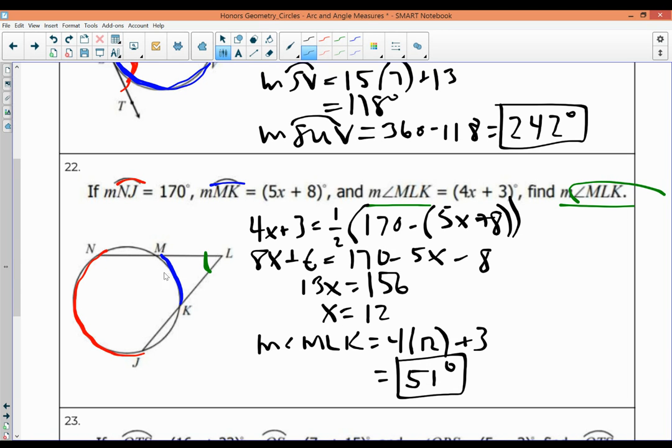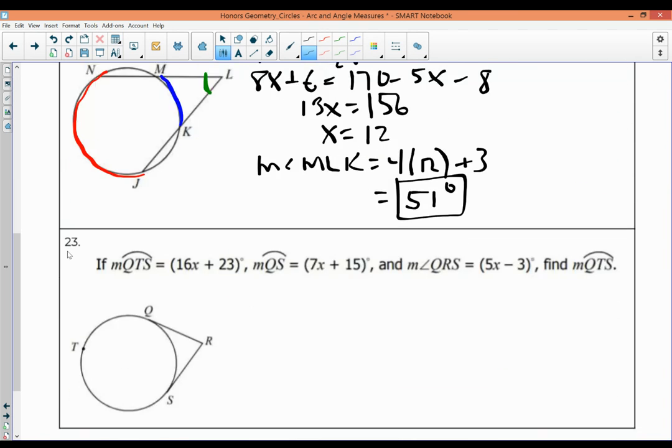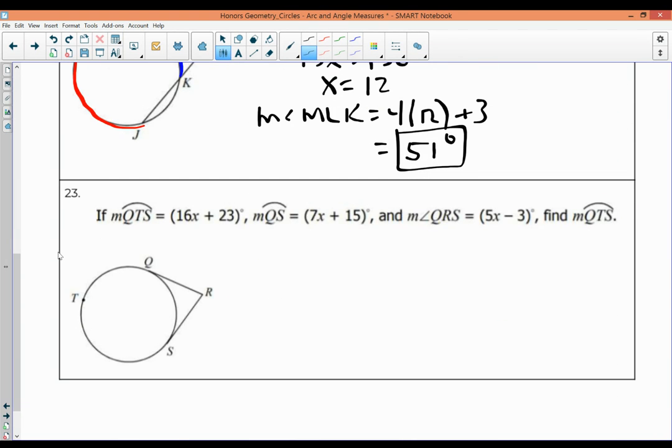All right, last one. Sorry, the fun's coming to an end. If the measure of arc QTS equals 16x plus 23 degrees, the measure of arc QS equals 7x plus 15 degrees, and the measure of angle QRS equals 5x minus 3 degrees, find the measure of arc QTS.